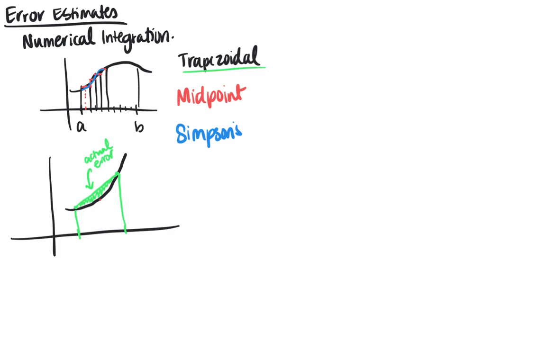For midpoint, it turns out that midpoint is the same as if you took a tangent line to the curve on that interval. The error for the midpoint is going to actually be this red area, so the red area will be the error from the midpoint approximation.